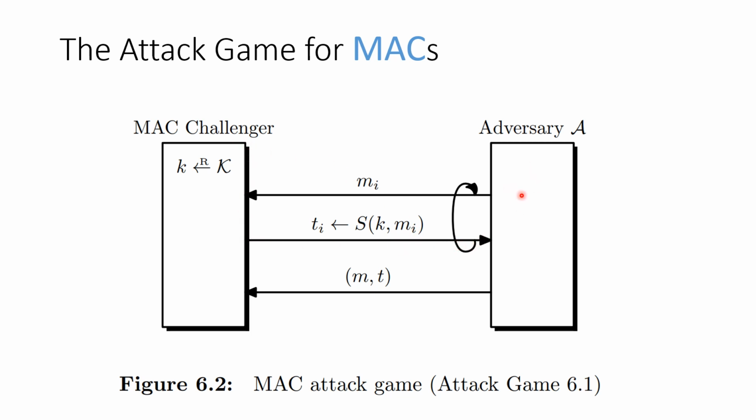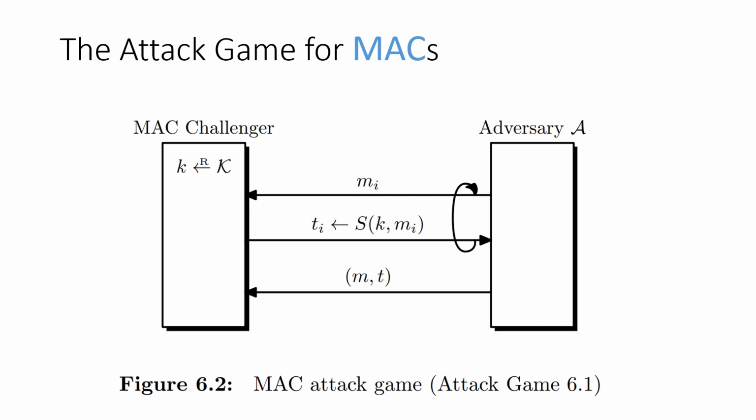At the end of all that, the adversary should not be able to forge a MAC, which would be to create a new message and tag. If he can do that, then he has the ability to forge tags. So take a look at this, and the next question for you is, if you can draw this picture, and we've talked about the algorithms for digital signatures, how does this game get modified?